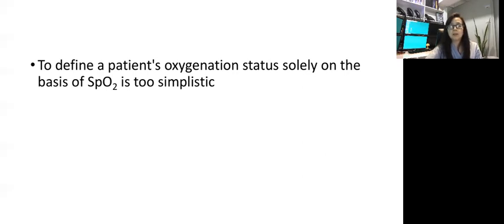As surrogate parameters of these variables, blood lactate concentration, central venous to arterial CO2 difference, and central venous or mixed venous oxygen saturation could also be used. I will not be discussing these in this session, as it is a whole different talk altogether.